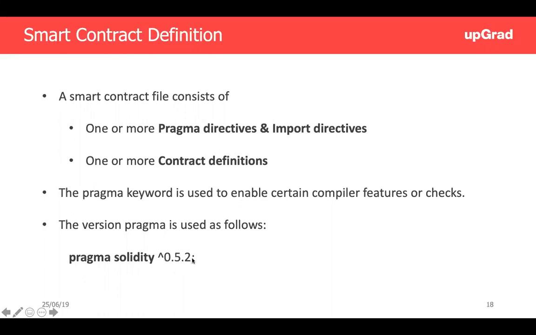So this means compile for compiler version 0.5.2 at least, and do not support anything above 0.6. You can put multiple things here. You can put pragma Solidity greater than 0.4.0, less than 0.5. Essentially, it is a way of telling the compiler what your code supports.